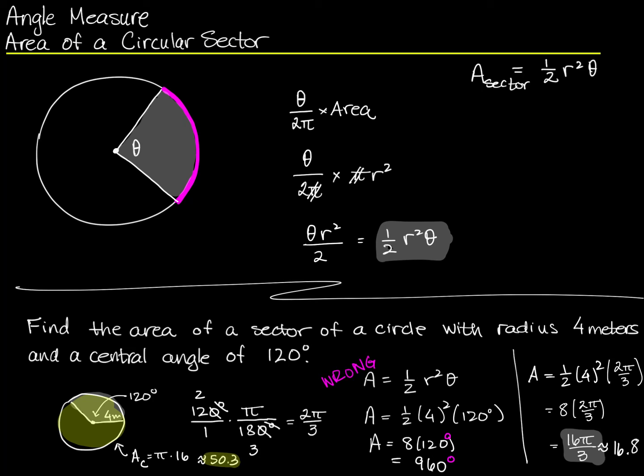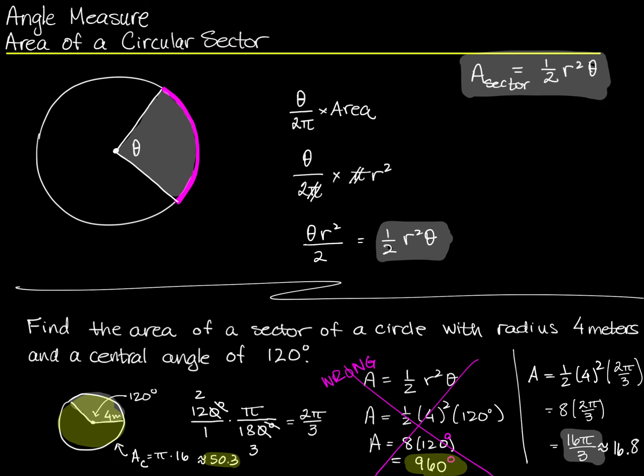So it's not possible for my area of a portion of that circle to be 960. That's just not right. So you have to be very careful to make sure that when you're using this formula, you're using radians. I'll highlight this. This is another one of those things that you want on a note card, if you're the kind of person who likes to use a note card. And that's how you find the area of a portion or a sector of a circle.